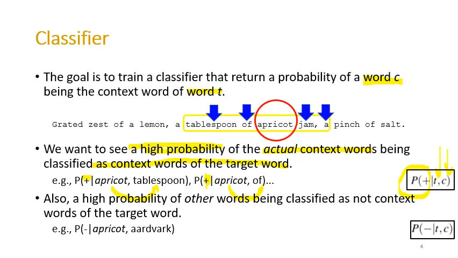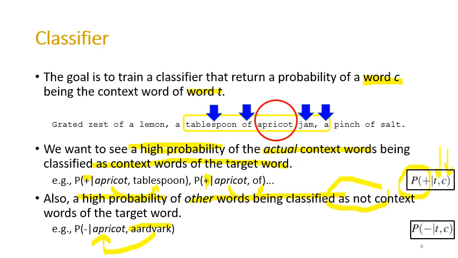Now, we also want to have a high probability of other words being classified as not context words. Let's say I have a random word, aardvark. You know that this is not the context word of apricot.